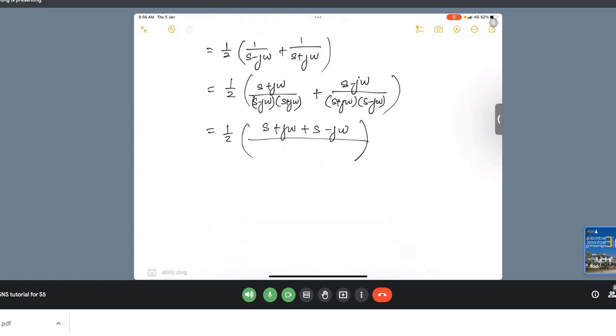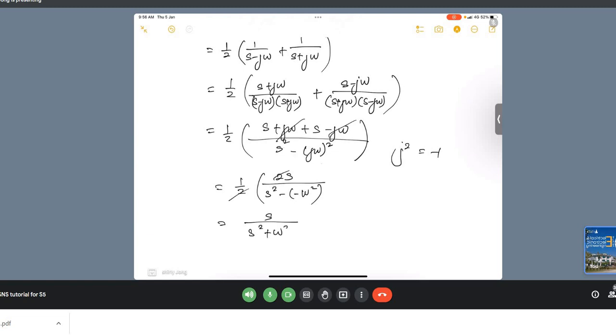We can write it as s square, because s plus j omega times s minus j omega, we can change to s square minus j omega square. So j square equals minus 1, so this one cancels out. You get 2s over s square minus omega square. When cancelled, you get s square plus omega square.